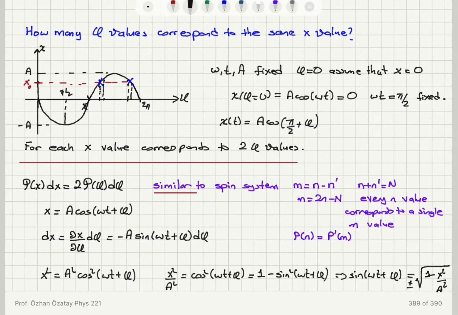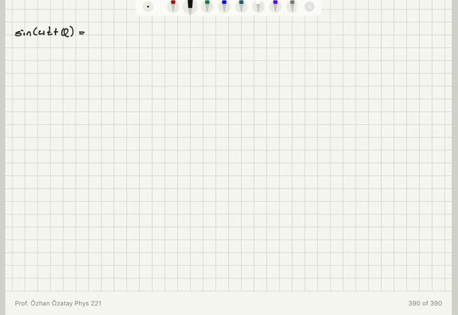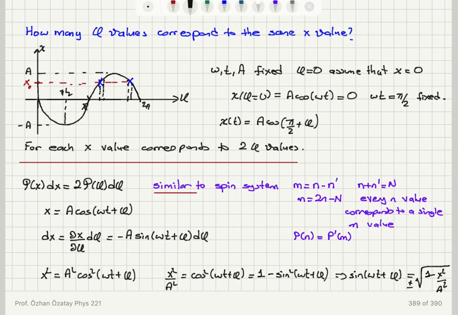So I'm going to decide on the sign at the end. So this is plus or minus square root of a square minus x square over a square, or plus or minus 1 over a times the square root of a square minus x square. So that's what I should consider here for sine omega t plus phi.